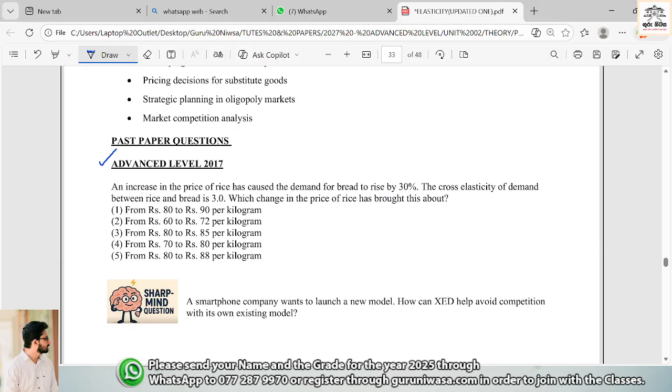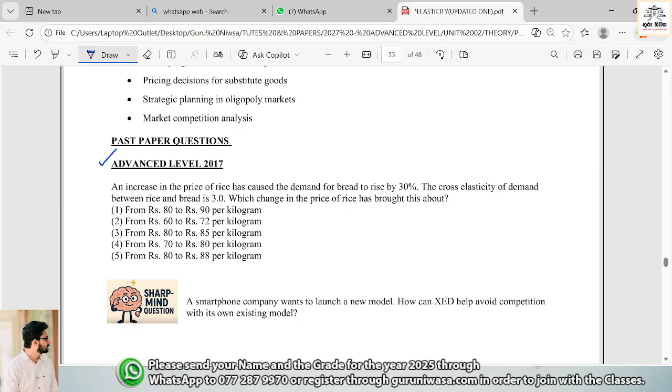If you use arc or point only, it would be complicated, Lamai. Why? Because you have been given percentage. You can use that equation, but it takes more time. So here, remember, the best equation is the first one, the percentage change one.